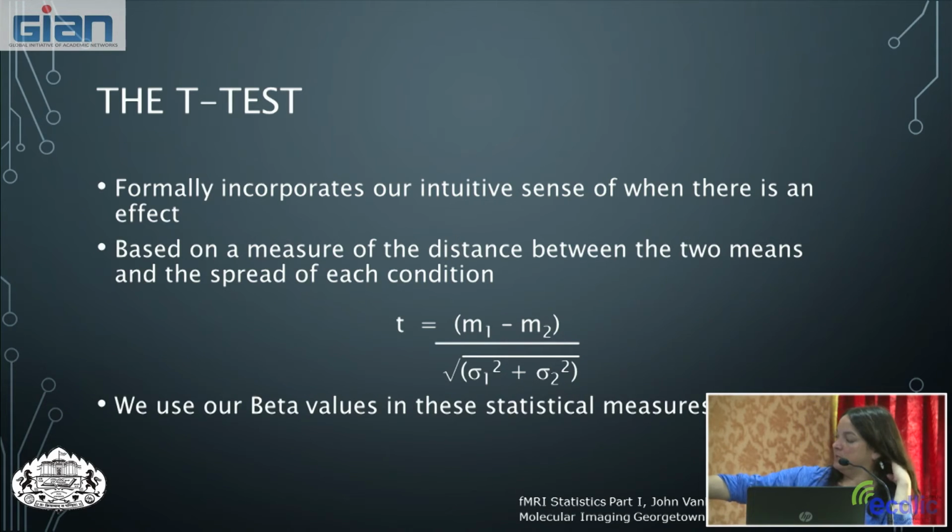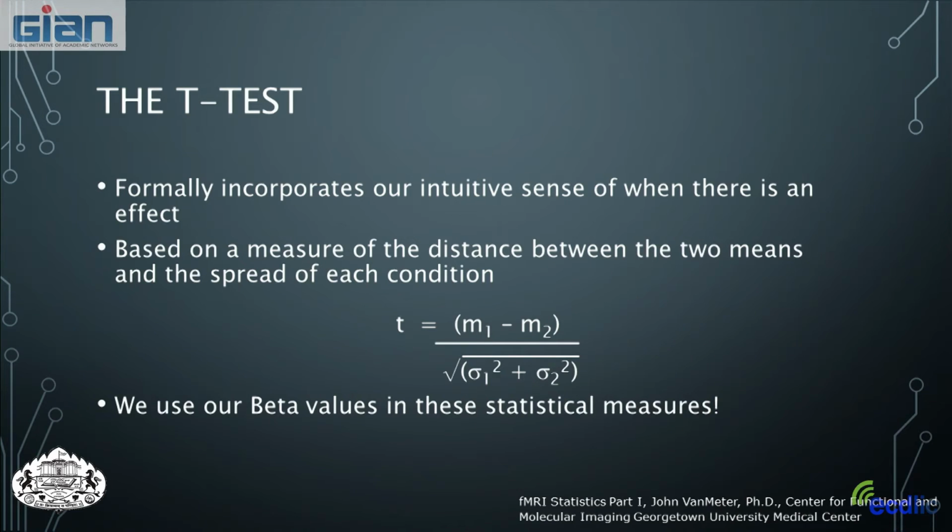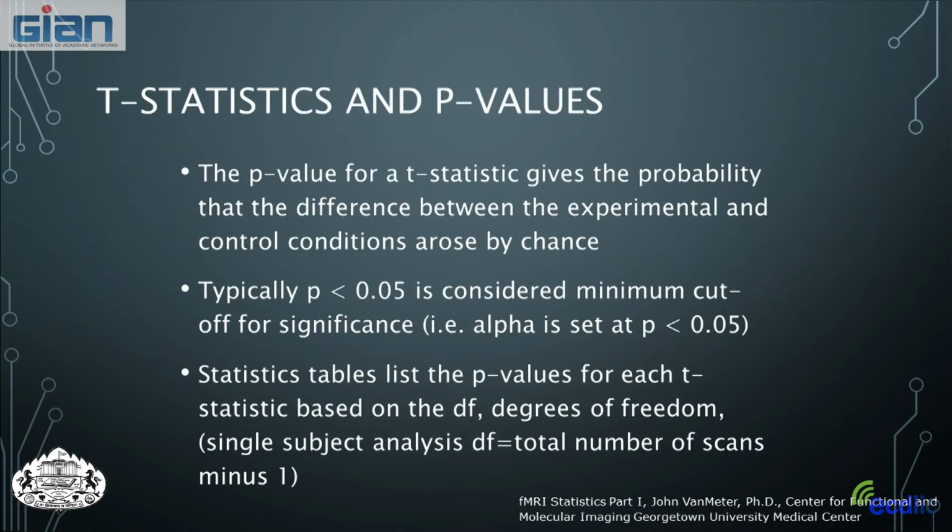It is the mean of the first distribution minus the mean of the second distribution over the square root of the sum of the standard deviations squared. So you can see the equation here. This is a very common statistical technique that's used to test two different hypotheses. And so now we might use our beta values in these instead of the mean. So we want to test if our beta values in two conditions are actually different or not.